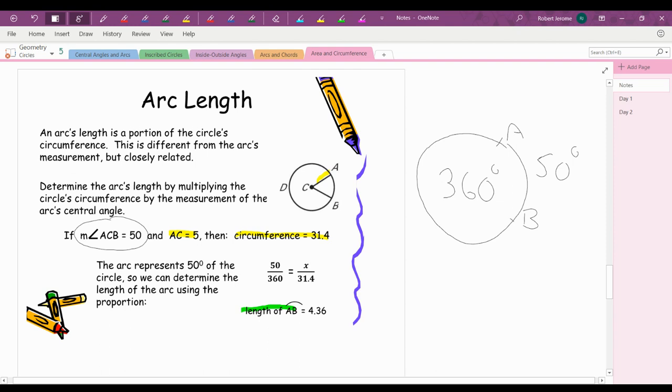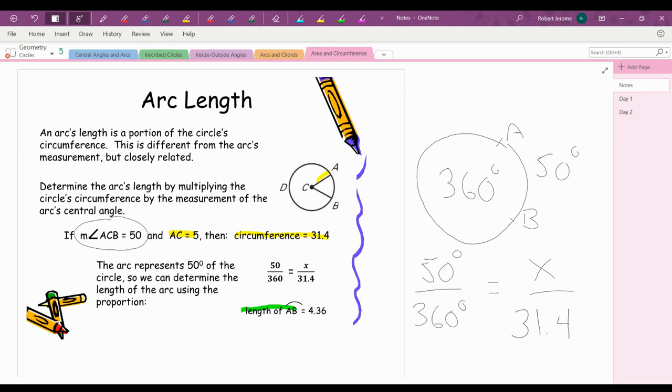So we're going to go 50 degrees of the whole circle. So remember your is over of. 50 degrees of the circle. And that's the same as a certain distance of the whole distance. So very simple. The numerator is the part, the denominator is the whole thing.